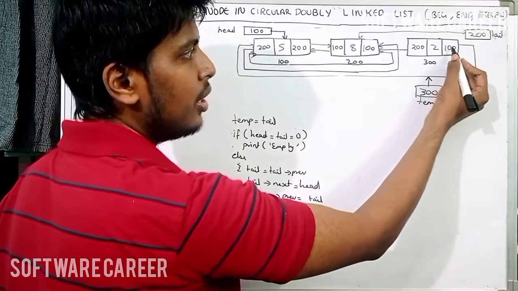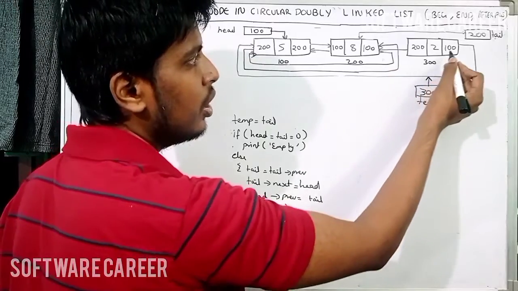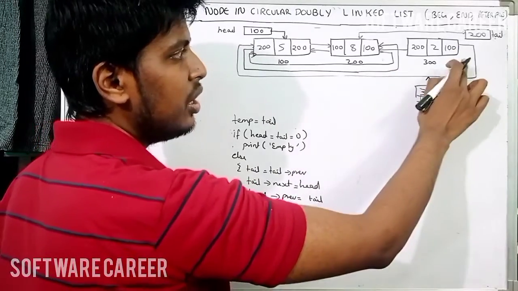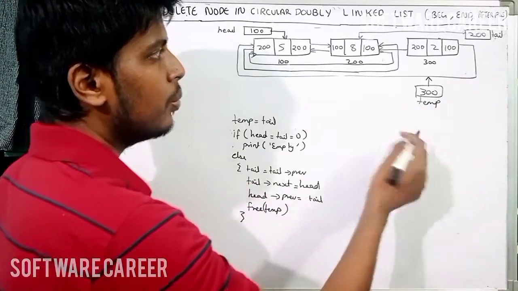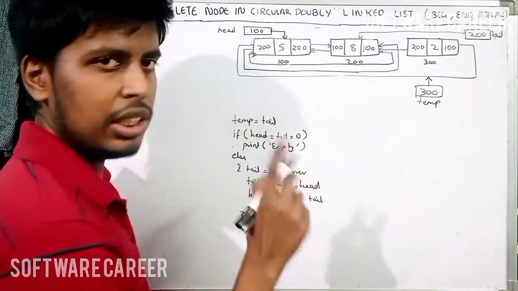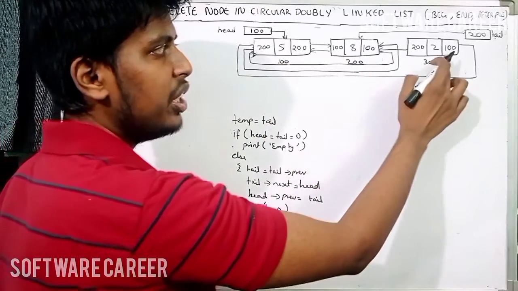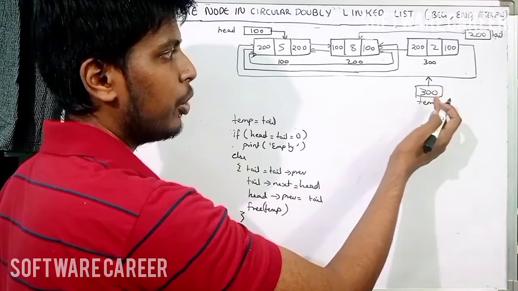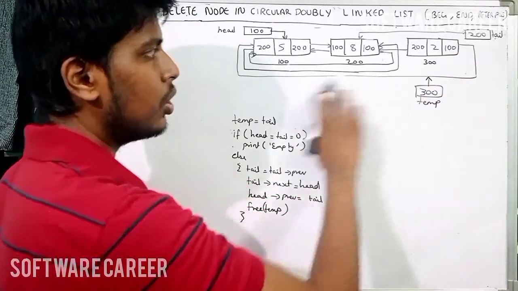See, at the start I don't need to modify the next pointer of this node. See, this link is there. I don't need to cancel it. You can cancel it, but it's not compulsory. The main changes you should make are this pointer and this pointer. You need not make changes in this pointer. Now if you write free temp, this link is automatically cancelled.